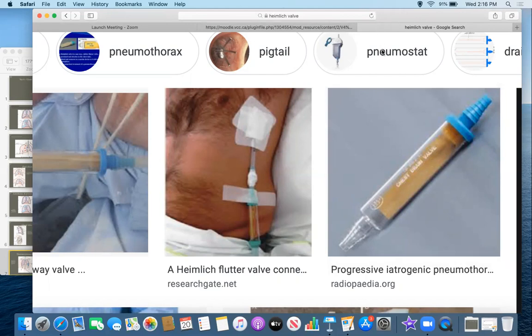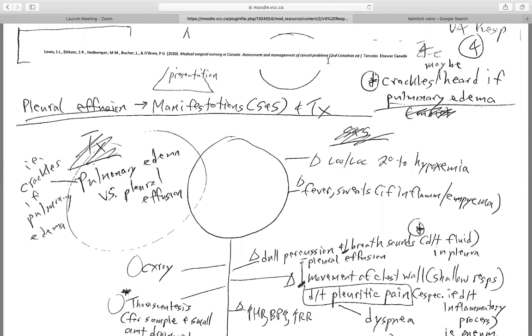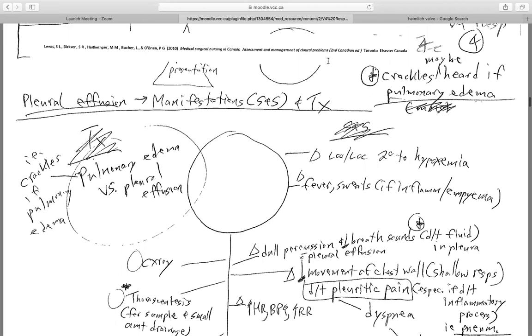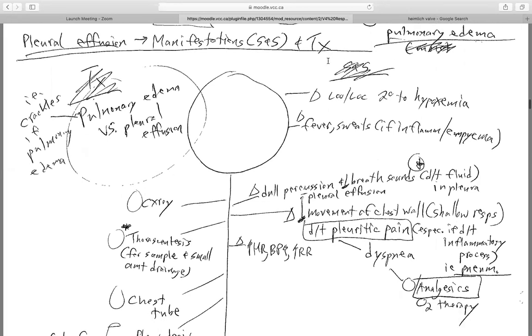And finally, you should look at this map here, on map number 4, which is the head to toe for pleural effusion. You can read through it yourself. A lot of it is very intuitive as to what you'd find if you think of how each bodily system would be impacted with something like a pneumonia or a chest trauma, fluid or air in the pleura.